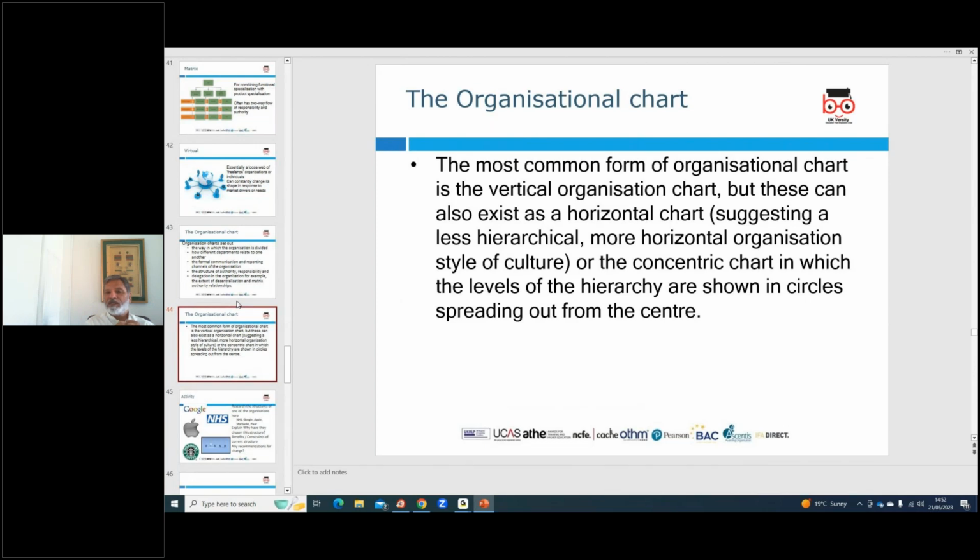There also exist horizontal charts, which are less hierarchical and give you a better picture of the organization, or the concentric chart in which levels of hierarchy are shown in circles and so on.